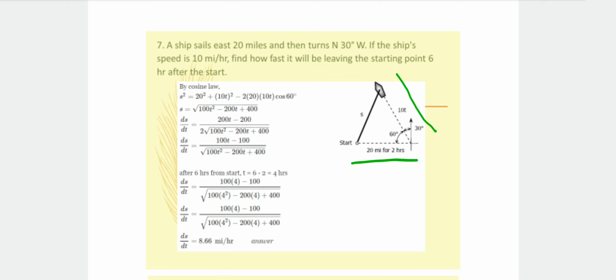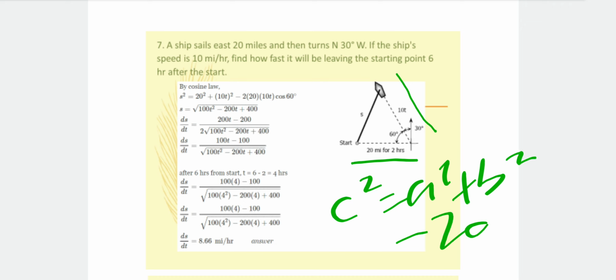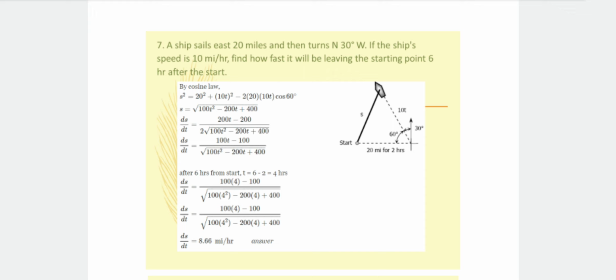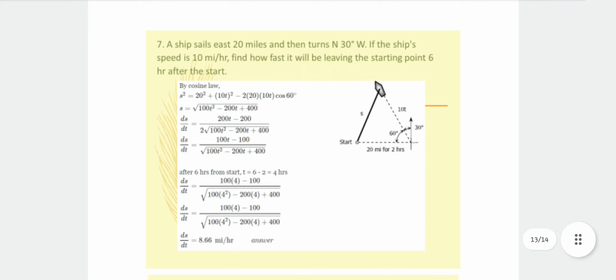There's no 1 p.m., 2 p.m., 3 p.m. given, right? So we just use t. The cosine law is c squared equals a squared plus b squared minus 2ab cosine of the angle opposite that side. Here, the angle opposite is 60. Okay? So screenshot this, this is our governing equation using cosine law.